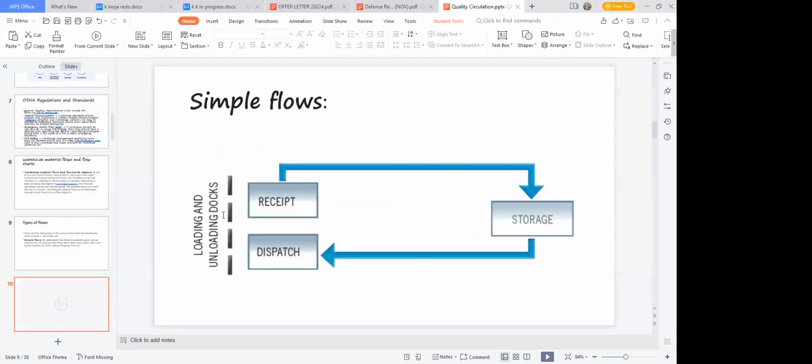For example, from the loading and unloading dock, we receive the material, or the product, or the hardware product. Then after we receive this product, we send it directly to the storage.